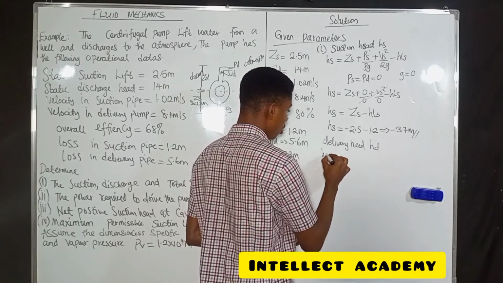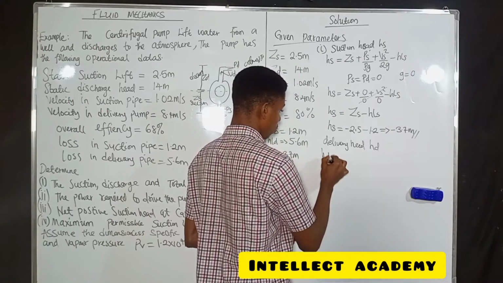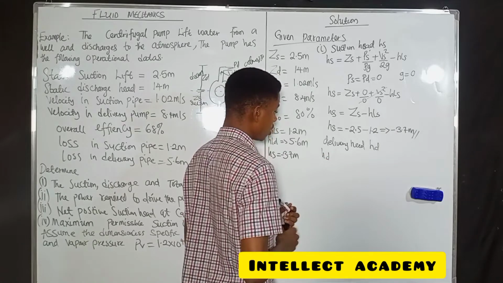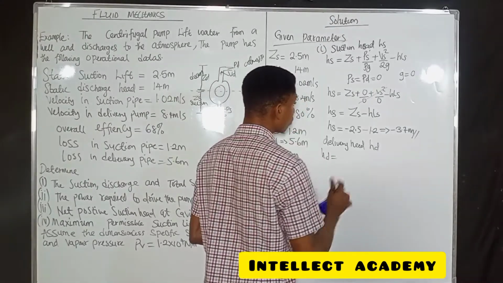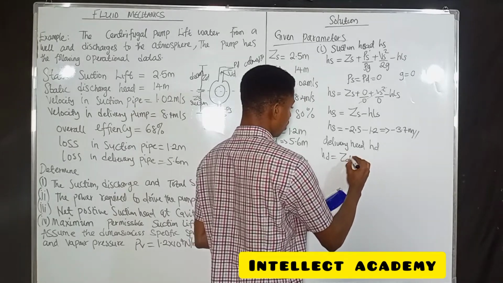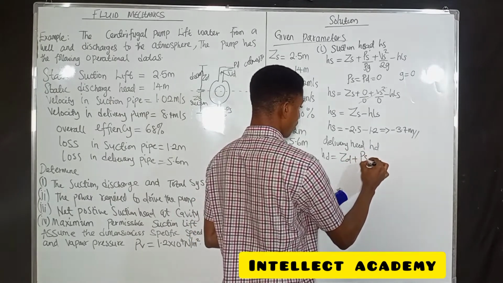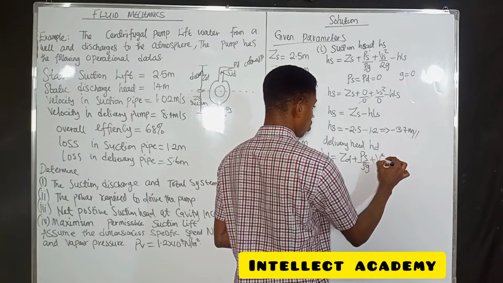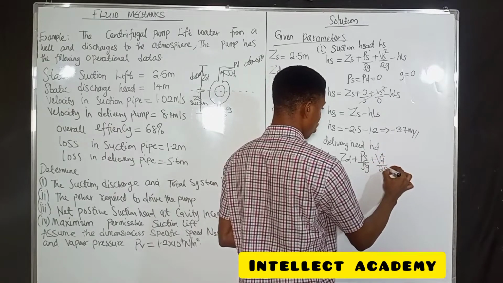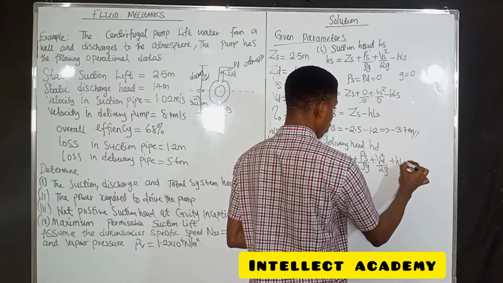We know that HD is given by this expression: ZD plus PX over rho g plus VD squared over 2g, positive HLD.